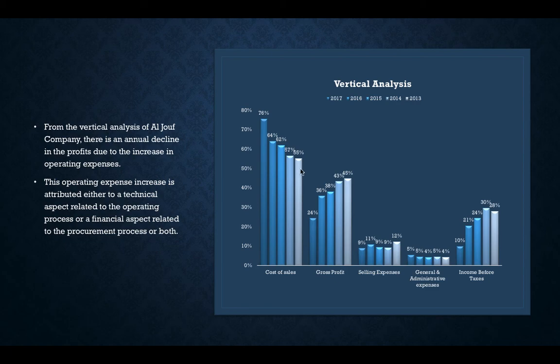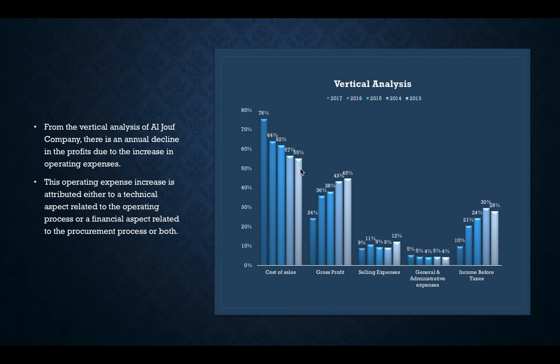By the way, cost of sales should be fixed if we take it as a percentage. If the selling price is 100 and the cost of sales is 80, then the cost of sales should be 80%. If I sold 1 million, it's 80%.